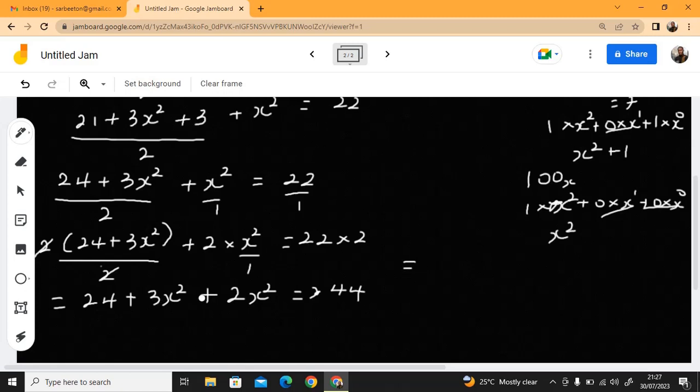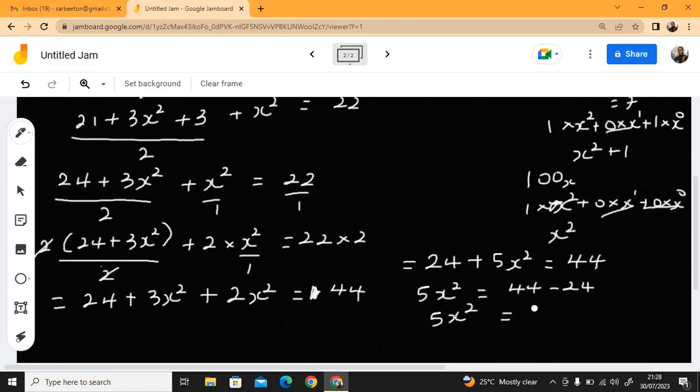Let's collect like terms. 3x squared plus 2x squared is 5x squared. So you have 24 plus 5x squared equals to 44. This one is not part of it, don't make the mistake. Now you take this one to the other side. So you have 5x squared equals to 44 minus 24. Now 44 minus 24, that should give us 20.